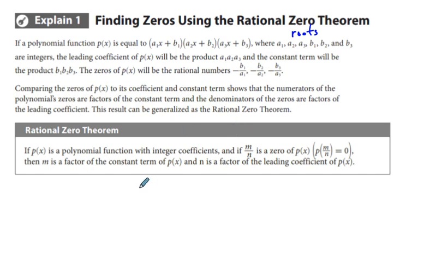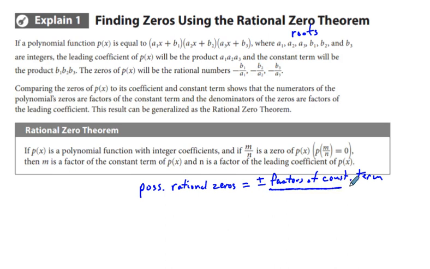I'll put this in my own words: the possible rational zeros are equal to plus or minus factors of the constant term over factors of the coefficient of the first term.